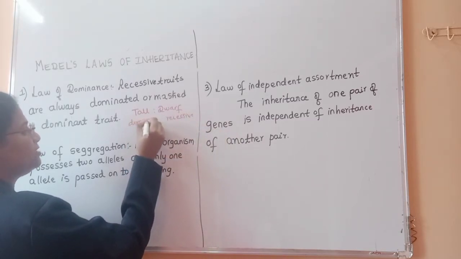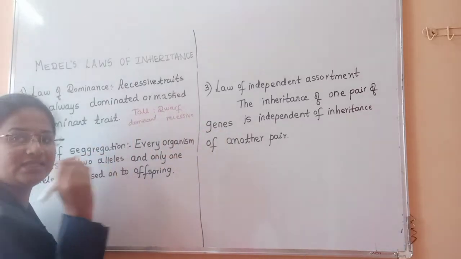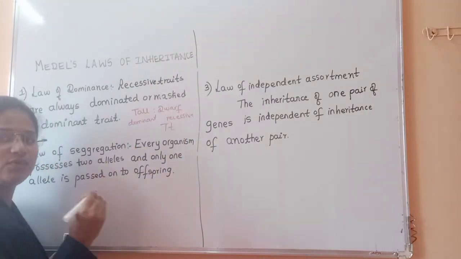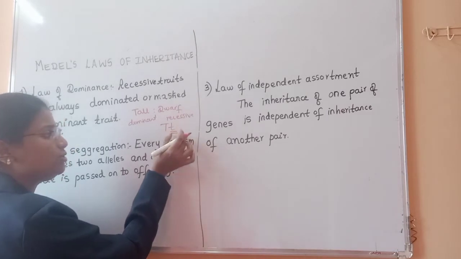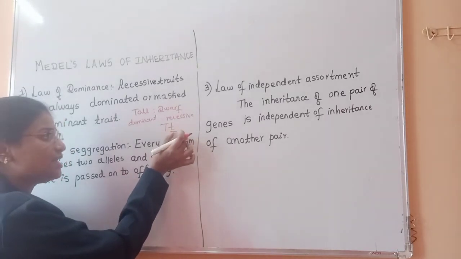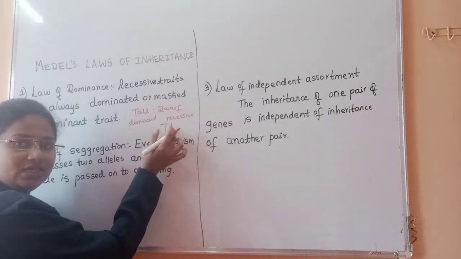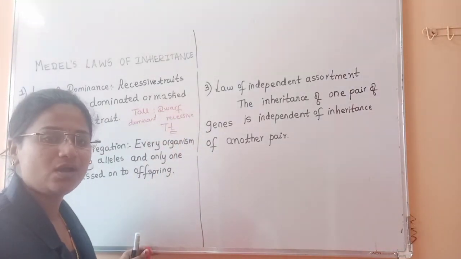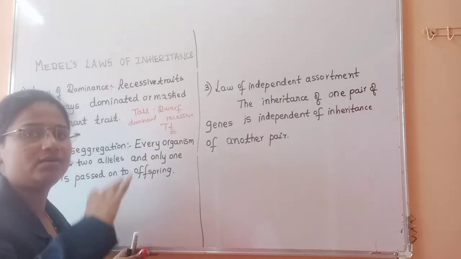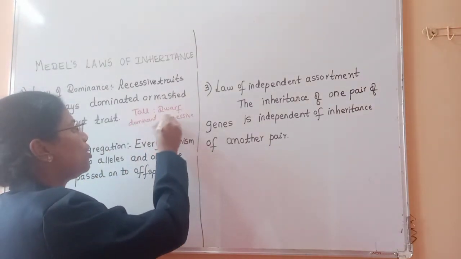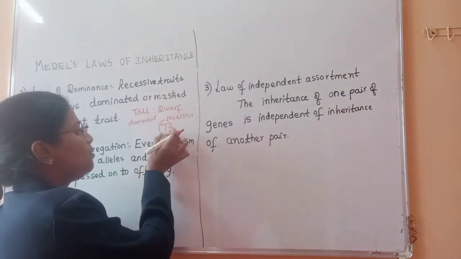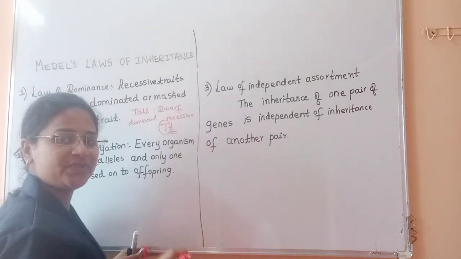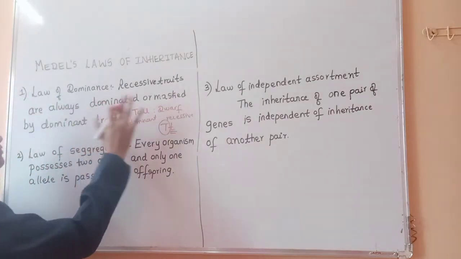So here, if a plant's genotype is Tt, heterozygous tall, even though the dwarf allele is present, its expression is masked, dominated or overruled by this tall character. So this dominant allele will not allow it to express its character. So this is called the law of dominance.